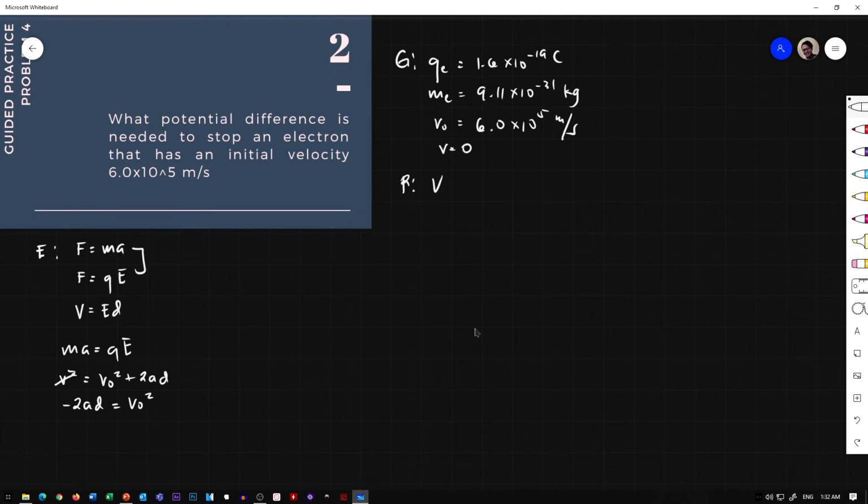Next, I think we can approach this even better. How about we use kinetic energy instead? Since negative QV equal to KE, let's just leave it like this. So KE equal to mv squared over 2.